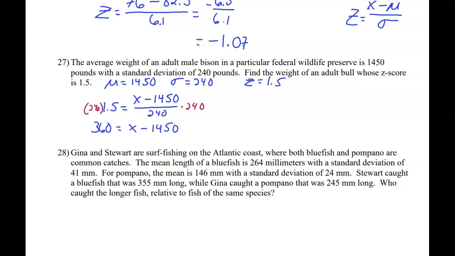And then I would add 1,450 to both sides, and I would get that the adult bull bison's weight was 1,810 pounds. So notice on this one, we were given the z-score, so we had to put it over here, and we had to do a little bit of algebra.